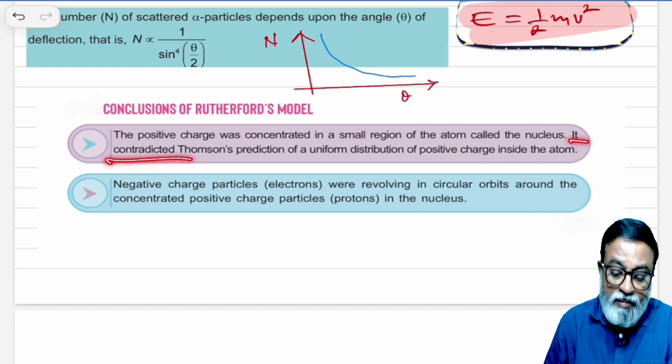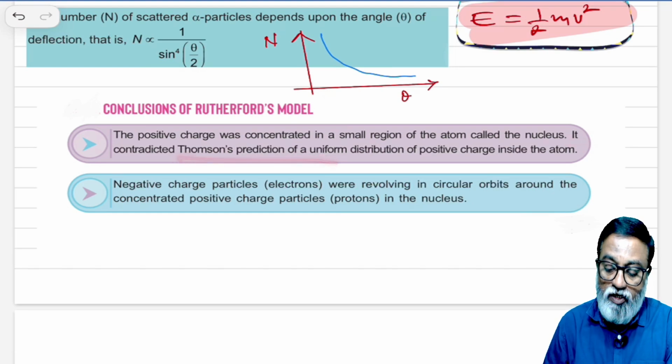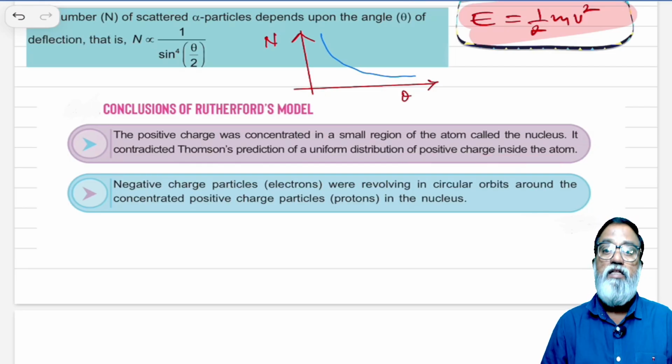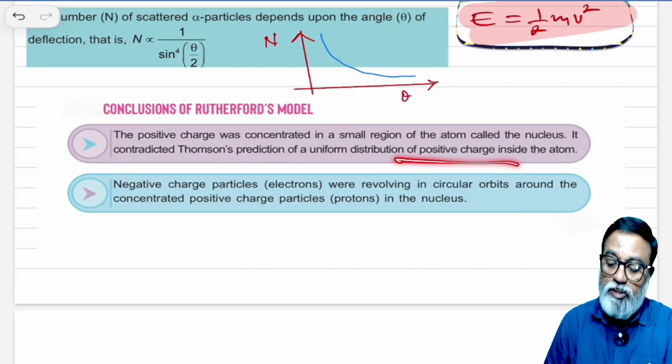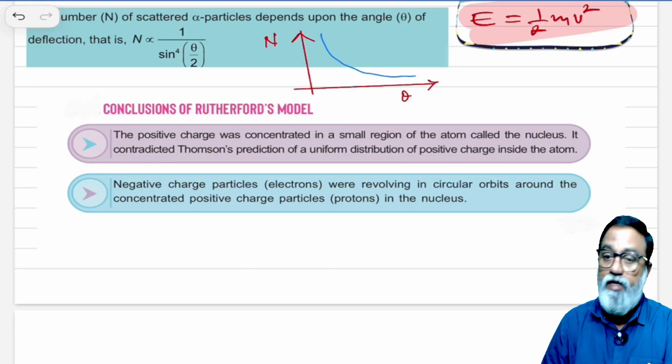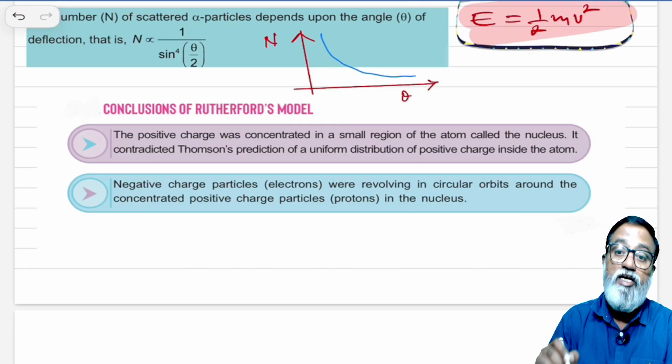It contradicted Thomson's prediction of uniform distribution of positive charge inside the atom. According to the Thomson model, the positive charge is distributed inside the atom, but here it is not distributed inside the atom. It is concentrated at a single point at the center of the atom.